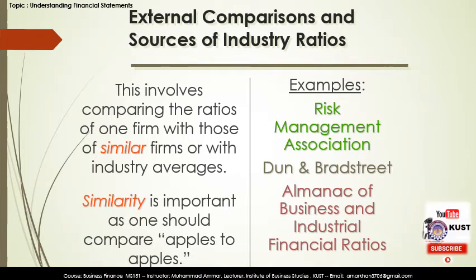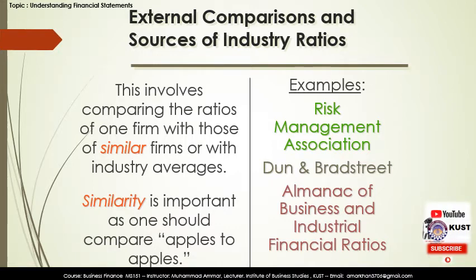compare it with the other. Let's suppose we have taken any industry, so when we compare that industry to the other, make sure that both industries have the same services or same types of products, so then you can compare both industries.